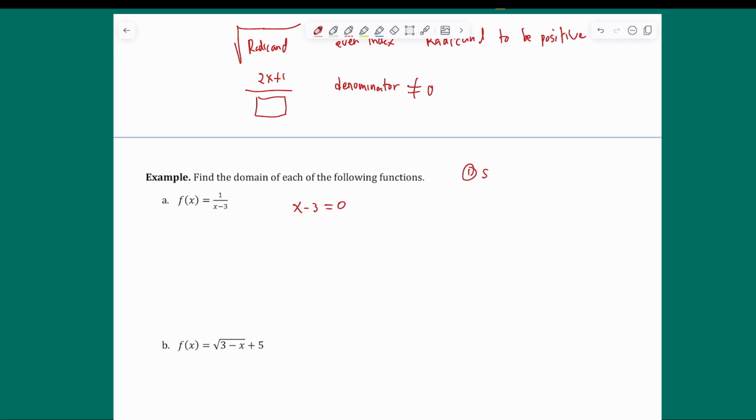Step 2: exclude any solutions to step 1.